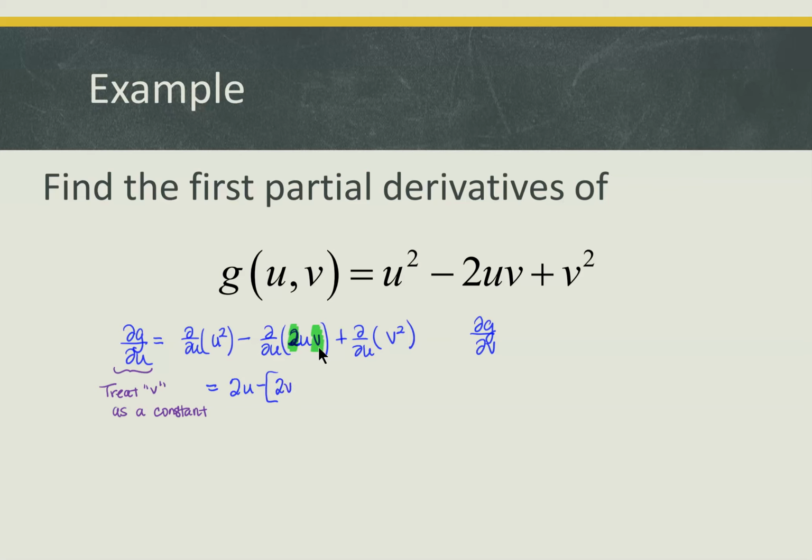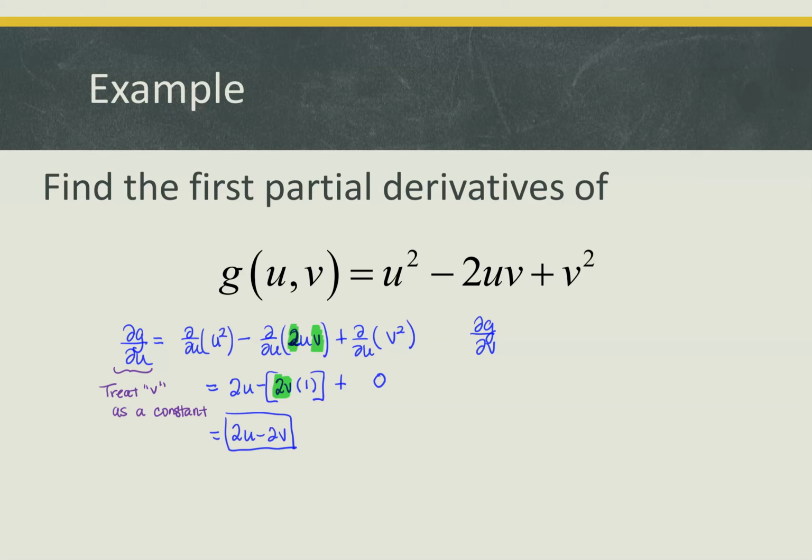So I'm going to have a 2v, that's my constant, and then now I'm going to take the derivative of u with respect to u. The derivative of u with respect to u is 1. Plus, this last term is v squared, so the derivative of v squared with respect to u. Remember, we're treating v as a constant, so that's going to be 0. So our partial derivative of g with respect to u is 2u minus 2v.